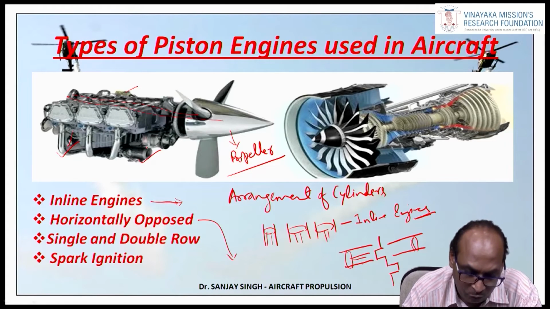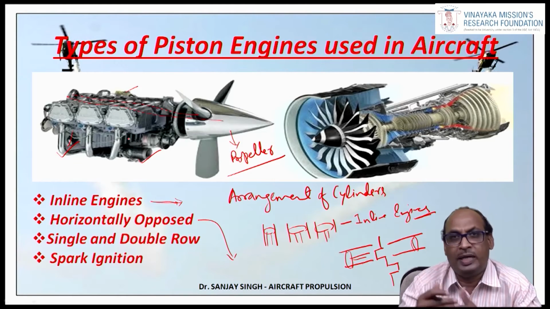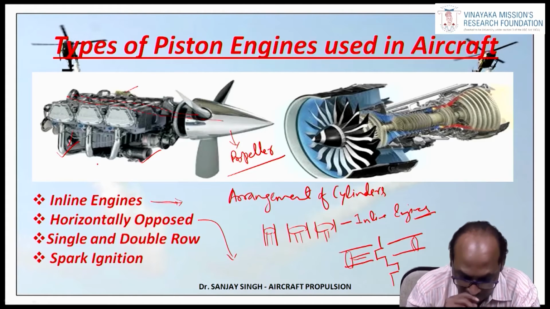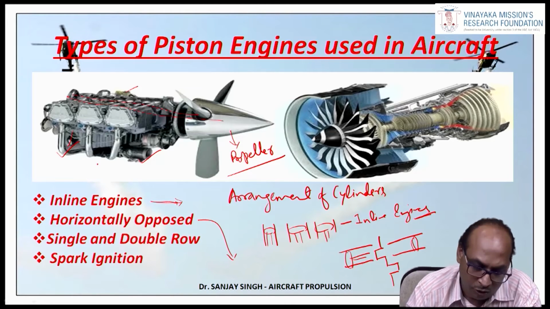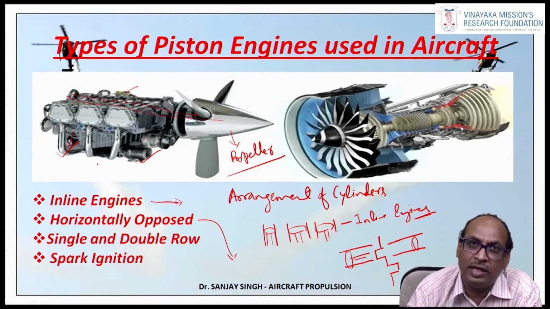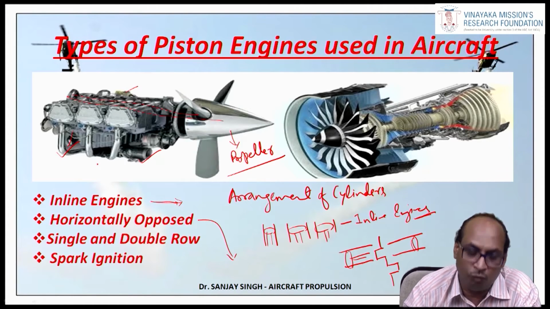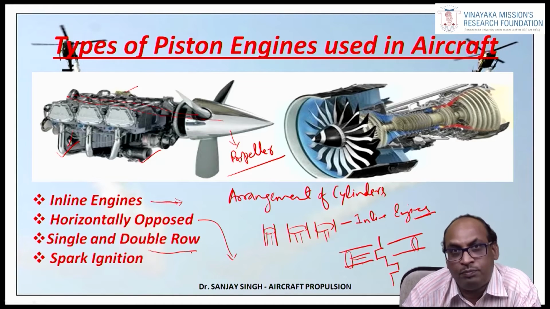The components we have in our IC engines are used here also, and some specific components make the aircraft capable of aerobatic moves. For that, special components are used. Otherwise, for fuel supply, spark plug and ignition system, all those components are more or less similar to what we use in our two-wheelers and four-wheelers. Now single and double row.